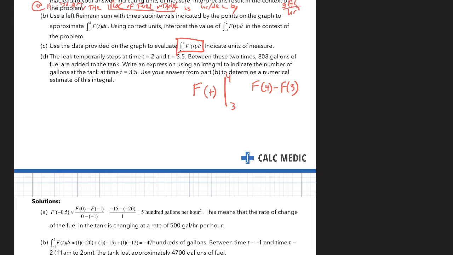We've already done some like this, but this is simply where I am at 3.5, the rate of change of the fuel, no, the amount of fuel. So I need like super capital F. I don't even know how to do that. Let's do A for amount. The amount of fuel at 3.5.